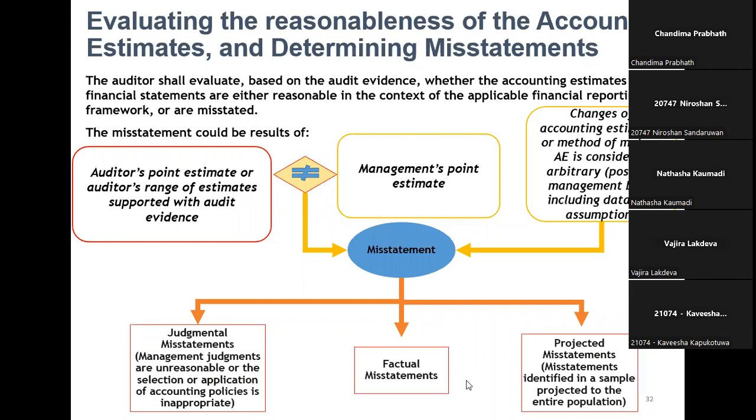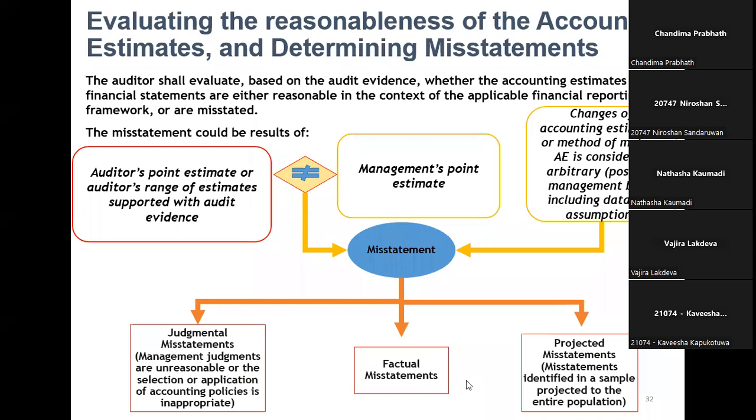Those misstatements you need to address at senior level, to understand the reason for the judgmental misstatement arising from, let's say, an accounting estimate, and then to decide what is the best course of action. You will get a misstatement when you compare the management point estimate with the auditor's point estimate or auditor's range. If the management point estimate does not fall within the auditor's range, then there is a misstatement.